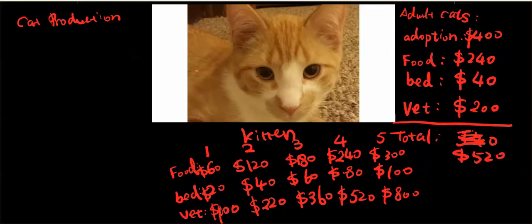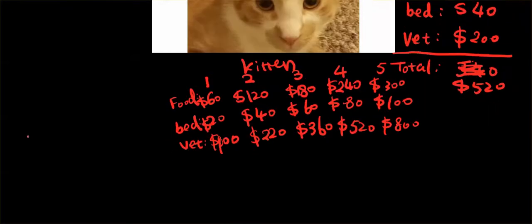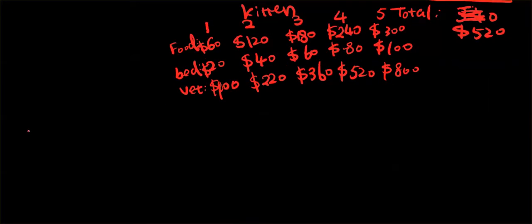So now, based on the information we have, we can generate our cost table. The first column should be the output. The second column is our fixed cost, FC. The third column is our variable cost. The fourth column is total cost. So you need to realize fixed cost plus variable cost equals the total cost.